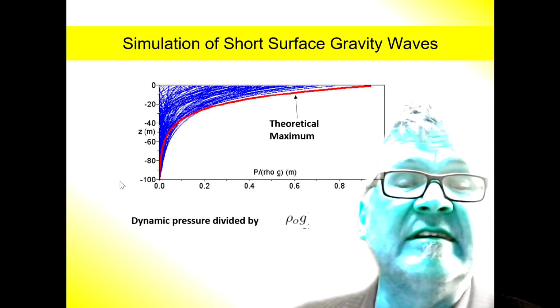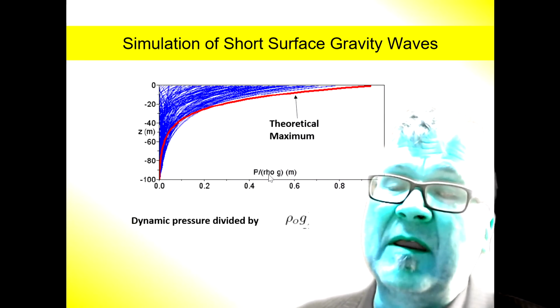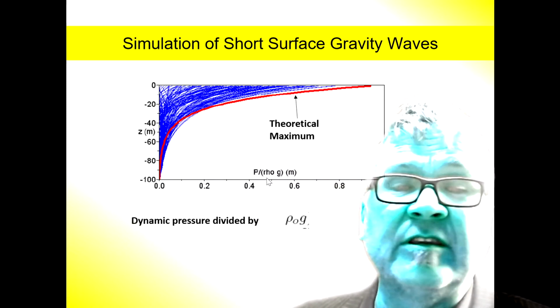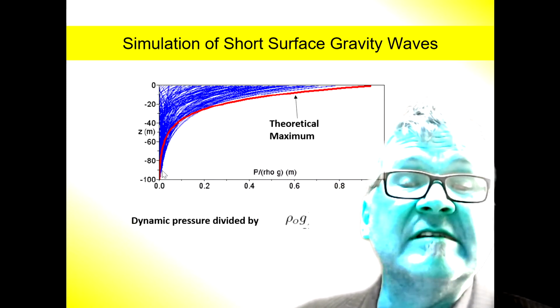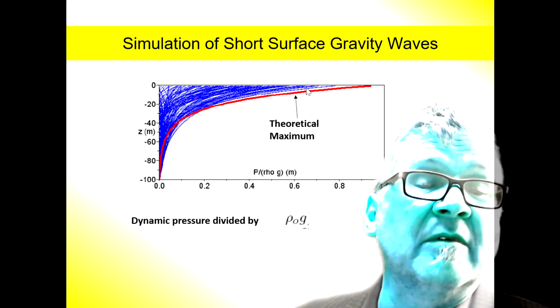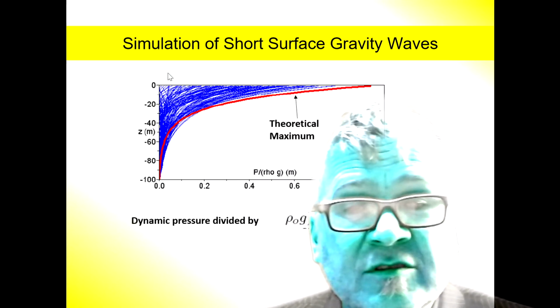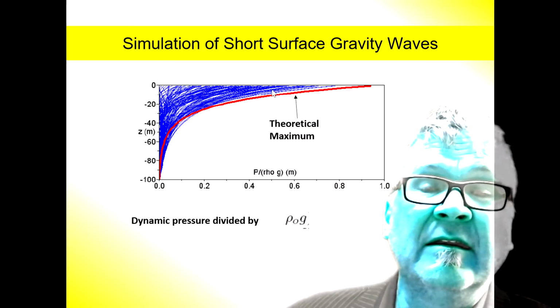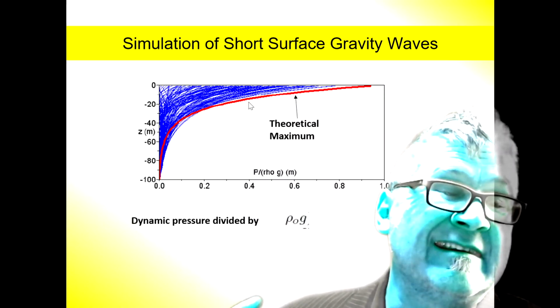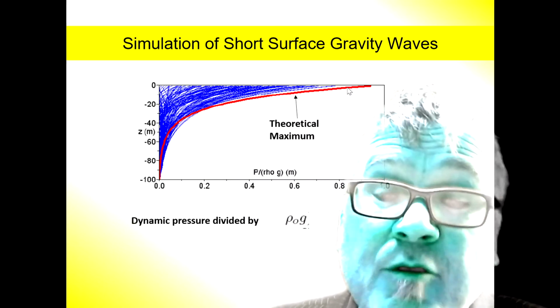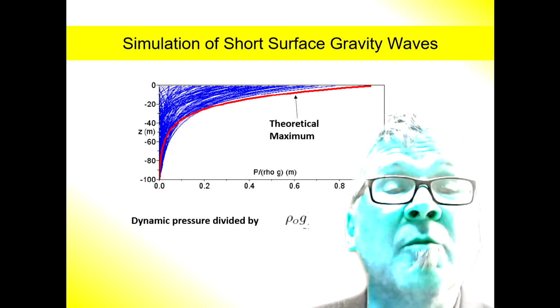Shown here is the dynamic pressure divided by the constant density and gravity. And these blue lines are the model. Indeed, when the wave pressure disappears, it goes to 0 or so, but you can see that it captures the maximum from the theory. And that makes you convinced that your model is working.